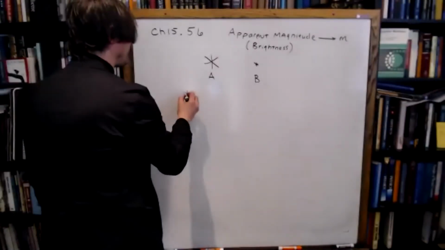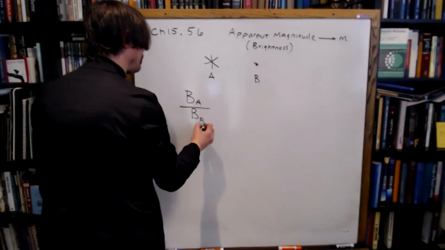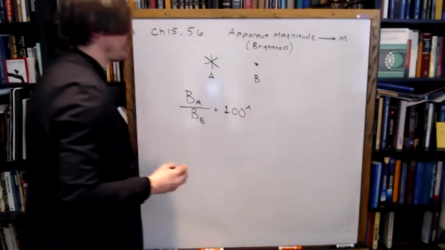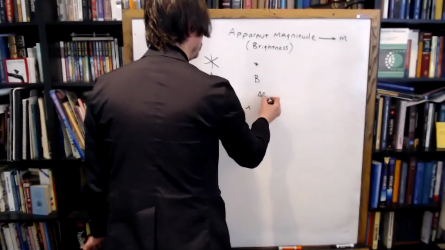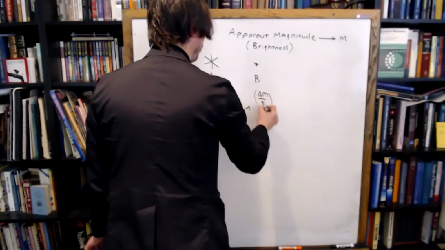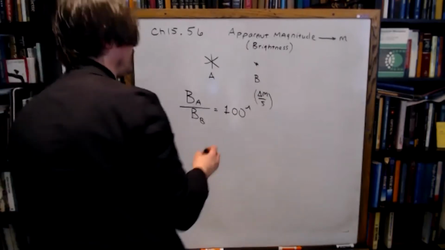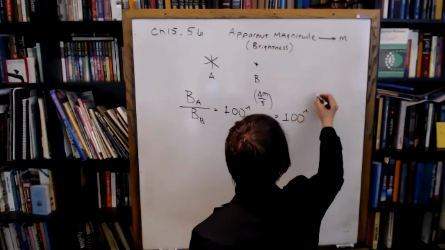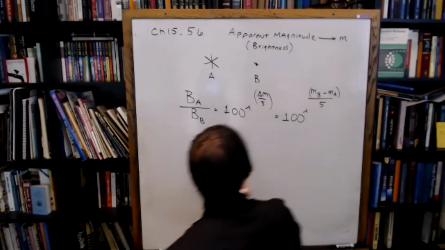If I want to know the ratio in brightness of the A star to the B star, I've got to take the number 100 and raise it to the power of the change in magnitudes divided by 5, where I've used the delta magnitude here. That is 100 raised to the power of magnitude B minus magnitude A, divided by 5.